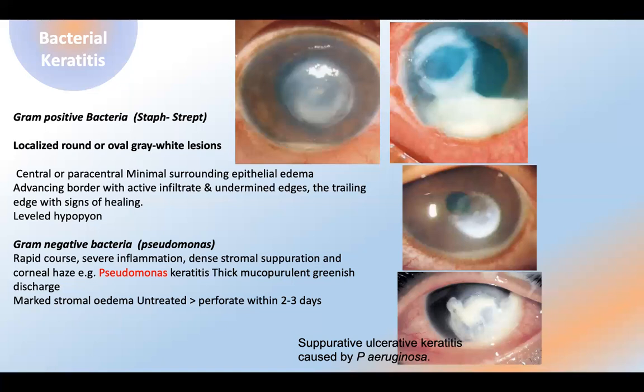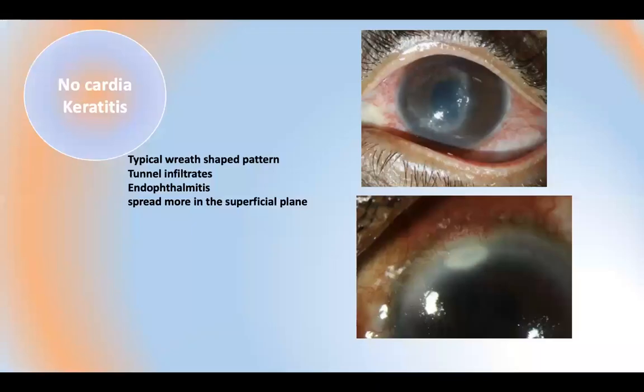In Pseudomonas, gram negative, it makes severe inflammation, severe suppurative infection, same as this. And this one also is gram negative, okay, and makes mucopurulent greenish discharge. Pseudomonas is serious because there is a risk of perforation if not treated within 2 to 3 days.